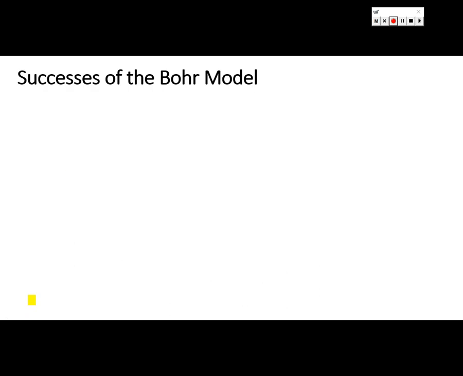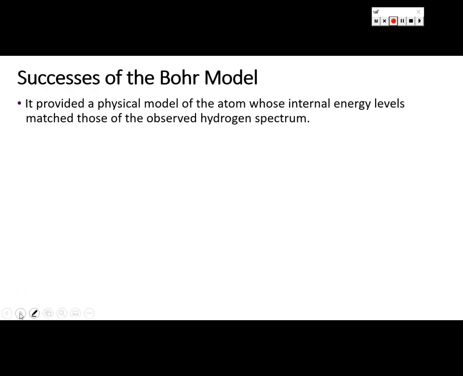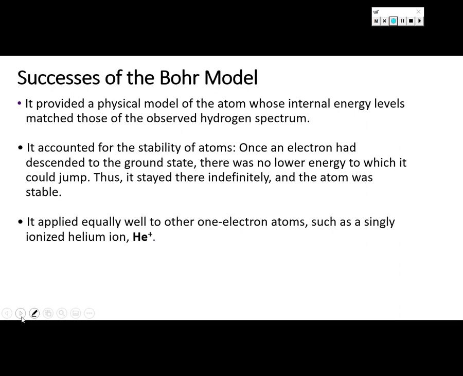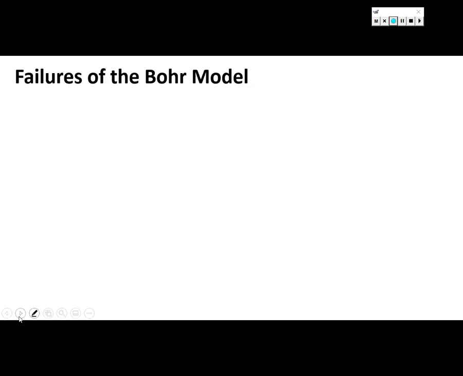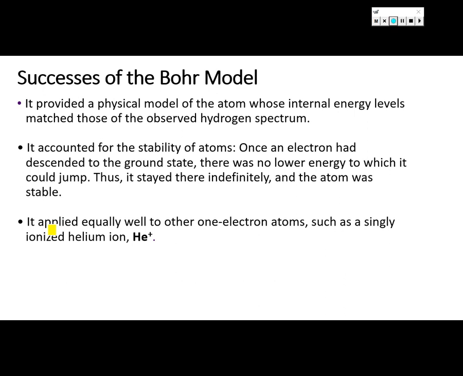Okay, so how was he successful? A big thing here was it accounted for the stability of atoms. So you didn't have to worry about the electrons crashing into the nucleus because they hung around in their standard state, or stationary state. It was really good.